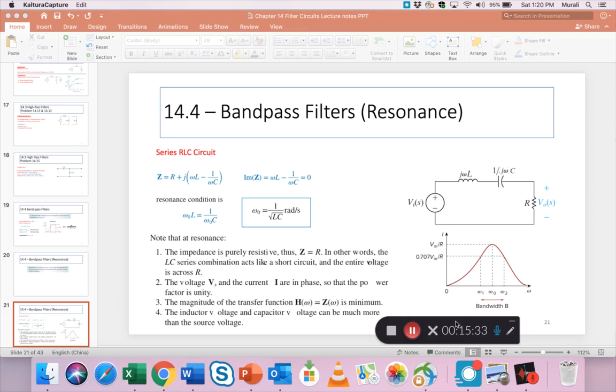At a certain frequency called omega 0, the output value, which is just shown in this case as Vm by R, is actually a current we are measuring. So when we say output here, we are only saying what happens to the current. That's all in this section we are considering. And the current rises to the highest value at a certain frequency, omega 0, and that's called the resonant frequency.